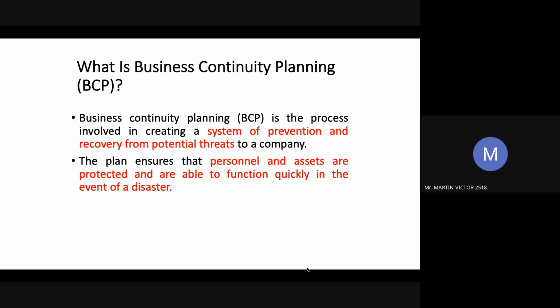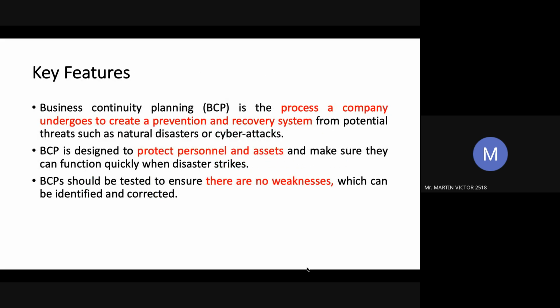This plan ensures that personnel and assets are protected and are able to function quickly in the event of a disaster. So this plan is useful for both the employees, the humans working in the company, and the assets. What are the key features?